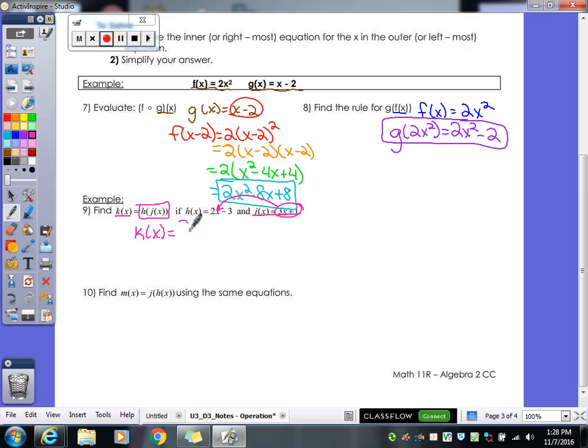So it's going to be 2 times 3x plus 1 minus 3. So we'll distribute our 2 first. So that gives me 6x plus 2 minus 3. So what's our final answer? 6x minus 1. So our k of x equals 6x minus 1.